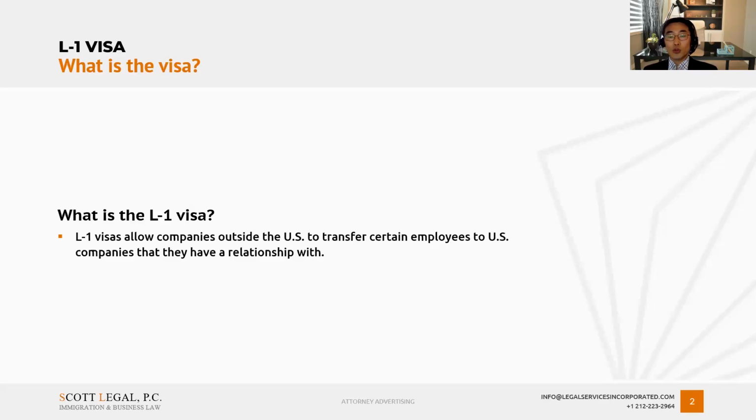It is also used for a foreign national company that wants to open a new office in the United States and send employees to it. A new office is defined as an office that has been operating or trading less than 1 year.